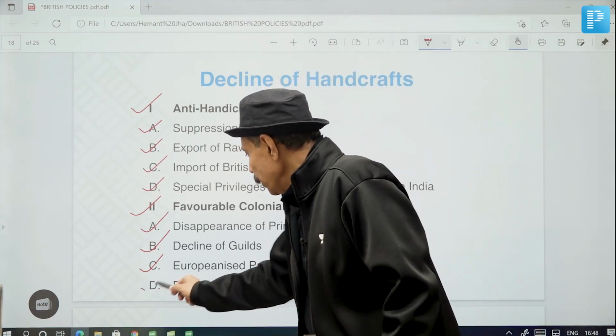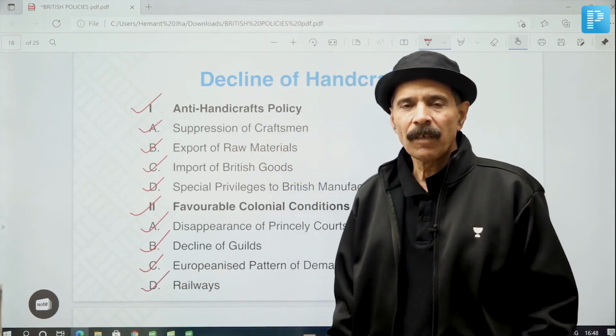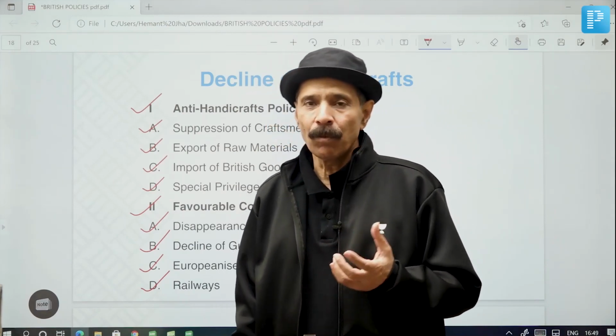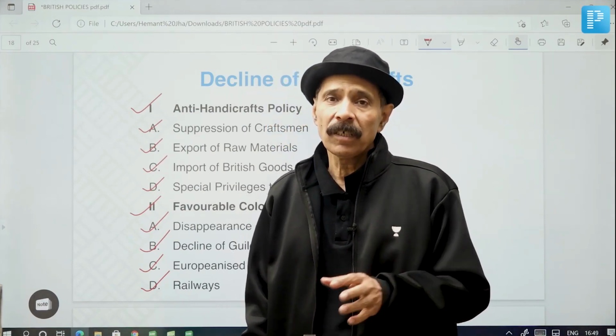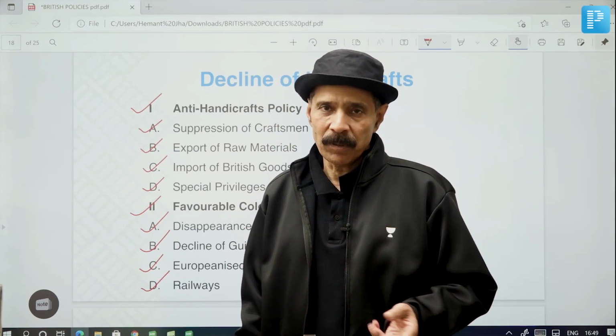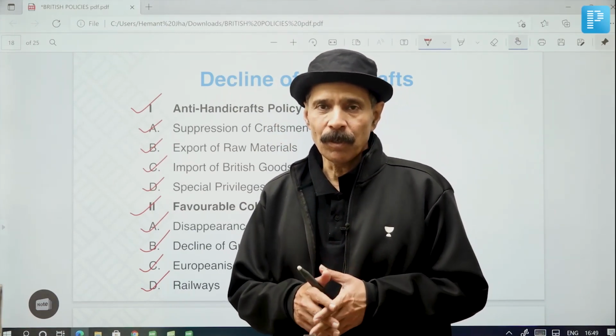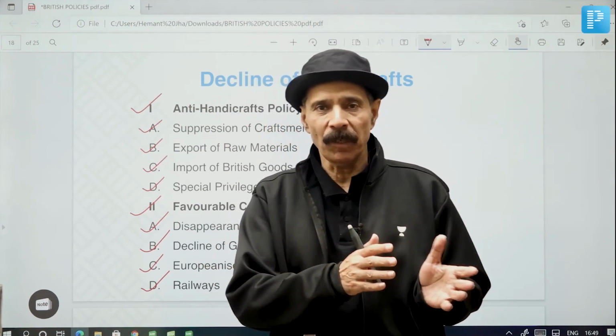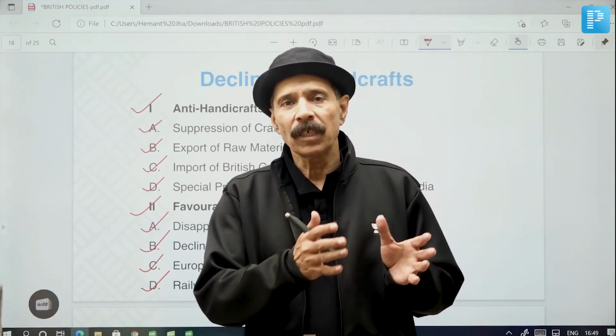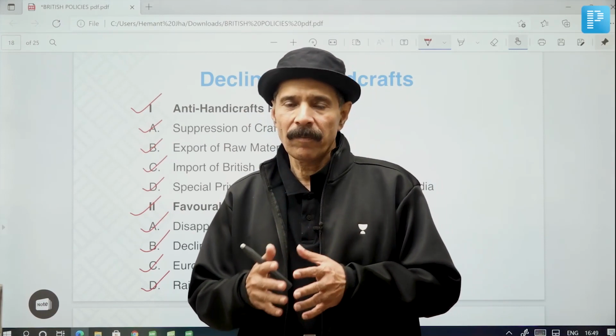And next is railways. Railways played important role in colonial exploitation, including destruction of handicrafts, because railways became important channel for exporting raw materials from India and importing British finished goods to India.